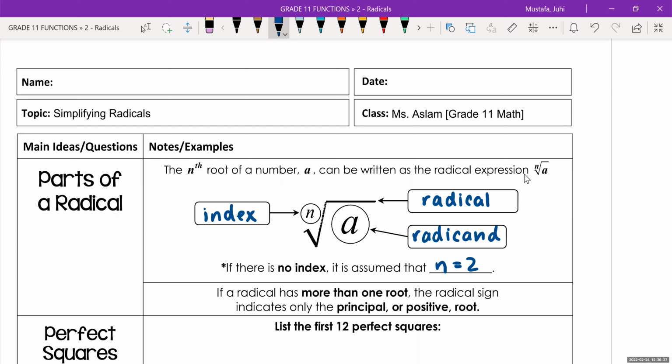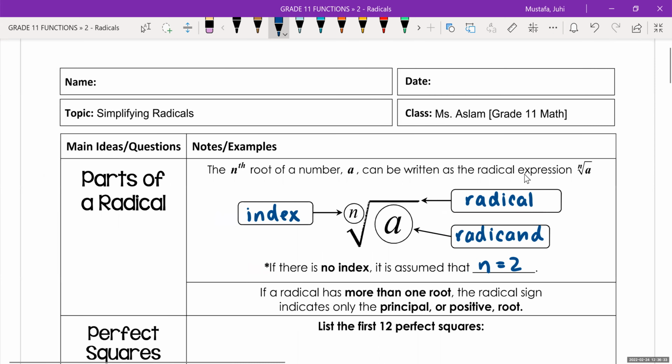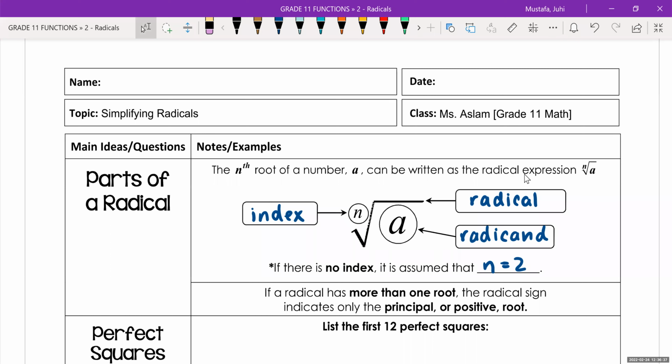That's what it's supposed to be. And the official definition is the nth root of a number, a, can be written as the radical expression, index n, radical sign with a radicand of a. It's really complicated, but when we start doing questions, it'll make a little bit more sense.